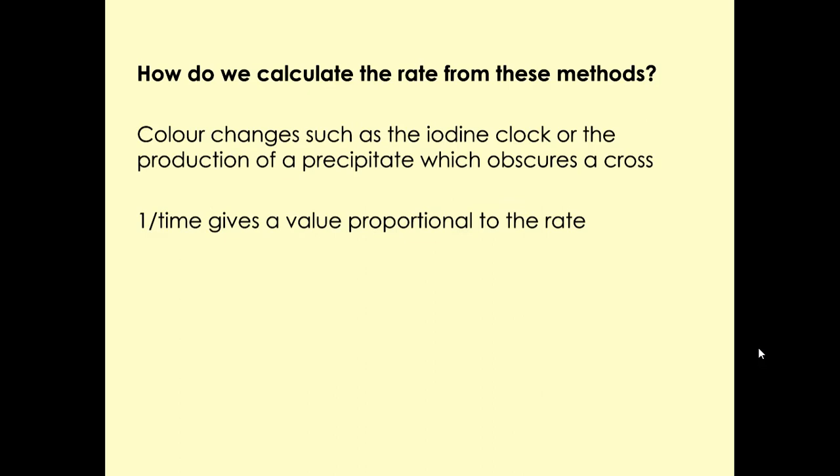So how do we calculate the rate from these methods? For things like a sudden color change, like the iodine clock, or a thiosulfate reaction where you produce a precipitate which obscures a cross, 1 divided by the time will give us a value proportional to the rate. You can't measure the rate at different points in the reaction, you're just getting a value for the overall rate of reaction.